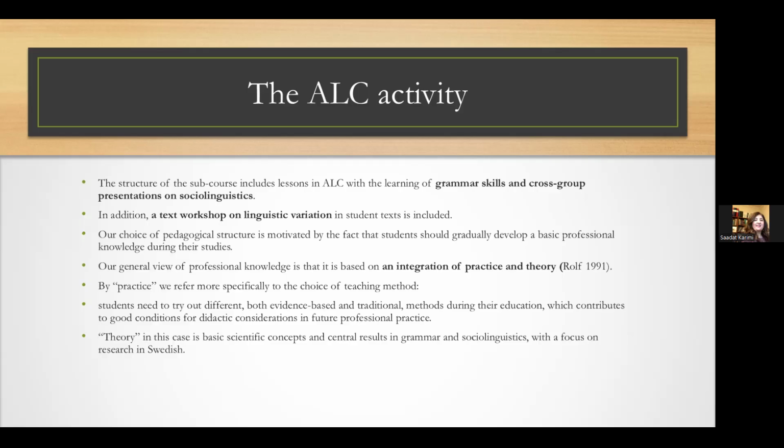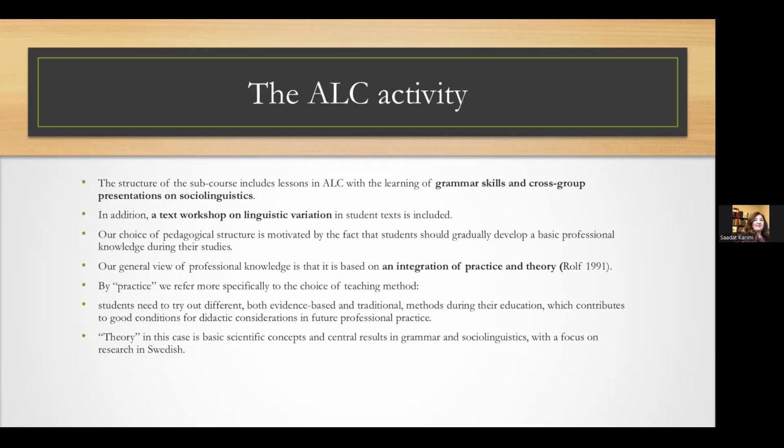The structure of the sub-course includes lessons in ALC, with the learning of grammar skills and cross-group presentations on sociolinguistics. In addition, a workshop on linguistic variation in student text is included.